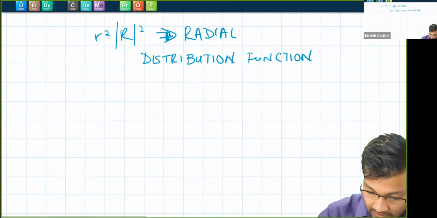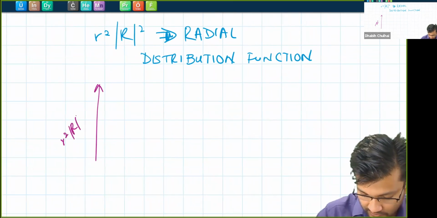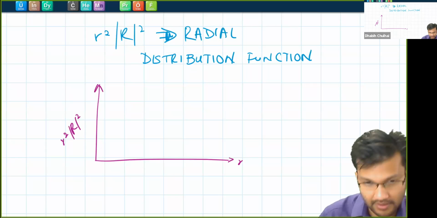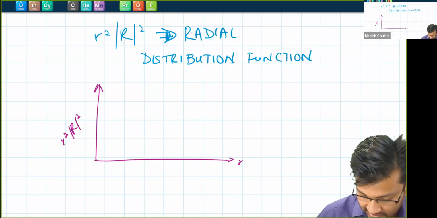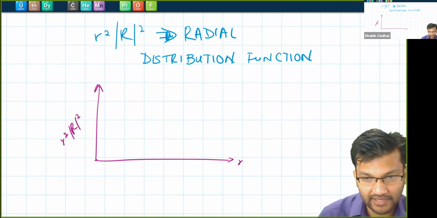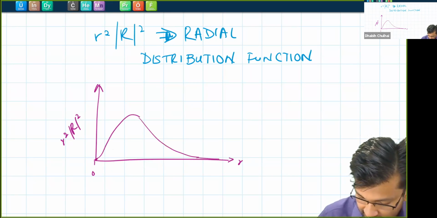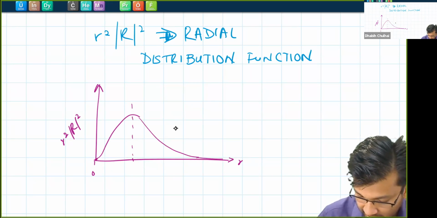And so if we look at that radial distribution function, r squared times the radial part squared as a function of r, we said that it starts at 0 because there's no real probability of the electron being at the nucleus, because 0 here is at the nucleus. And it'll go out something like this. And this is for the 1s orbital.